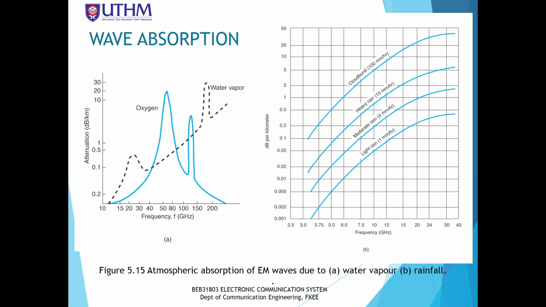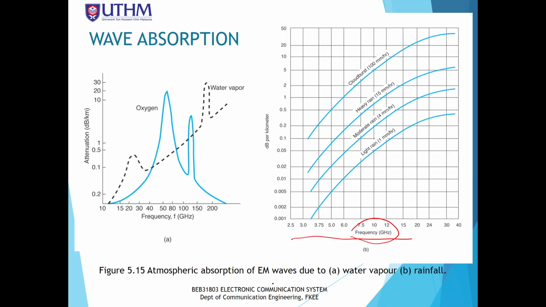So you see that wave absorption is not only due to the rain particles, it can also be due to oxygen particles and water vapor particles. So each has its absorption level, based on dB per kilometer and also based on the frequency.